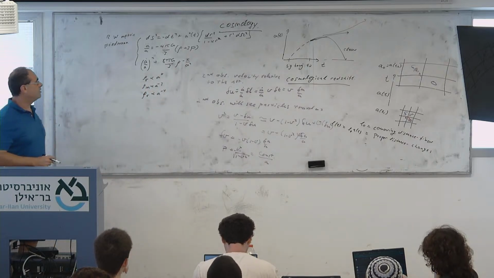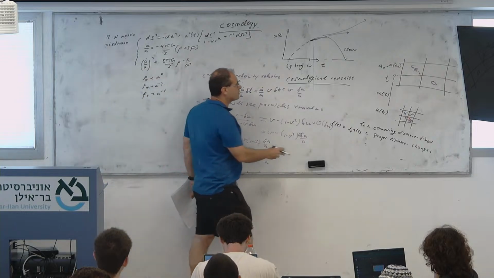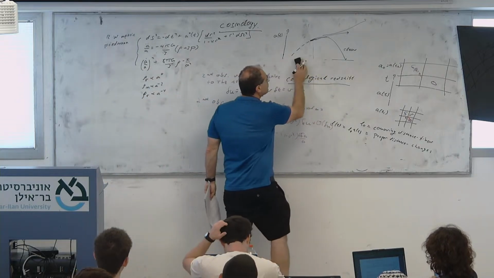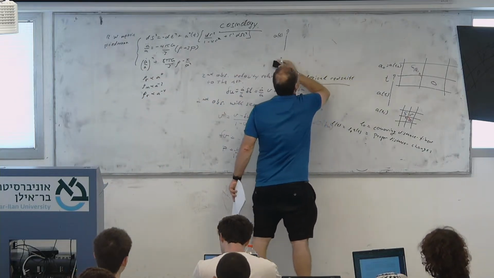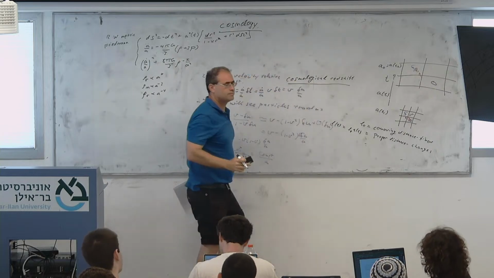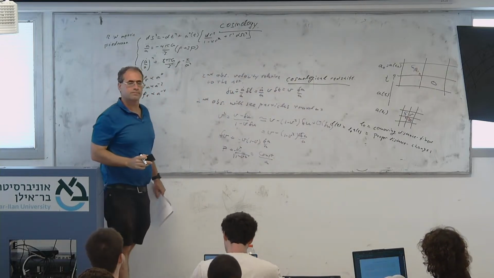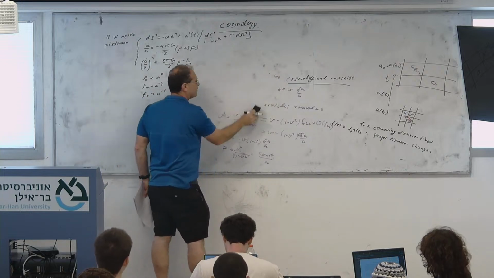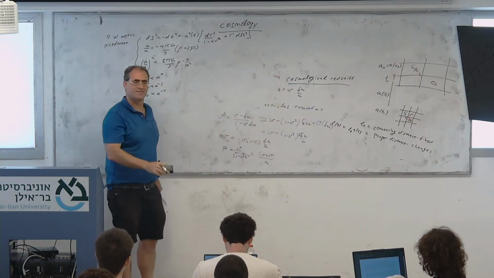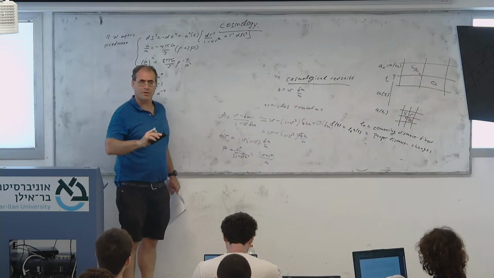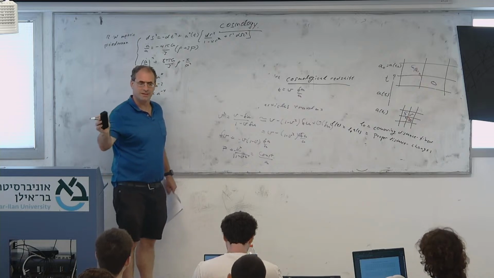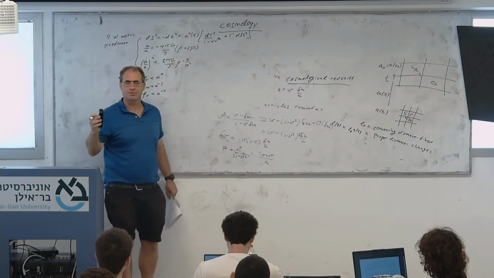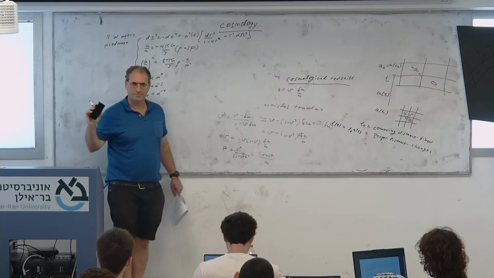Okay, and that comes to the next subject, which is one of the most interesting ones. How do we measure distances? Distant galaxies. Parallax, right? You all know what parallax is? Yes, okay. So parallax is good to measure nearby stars.